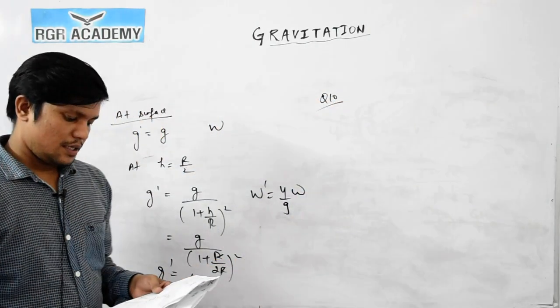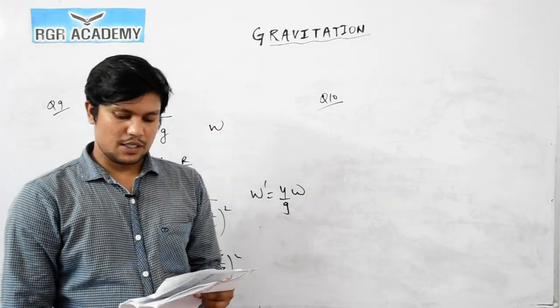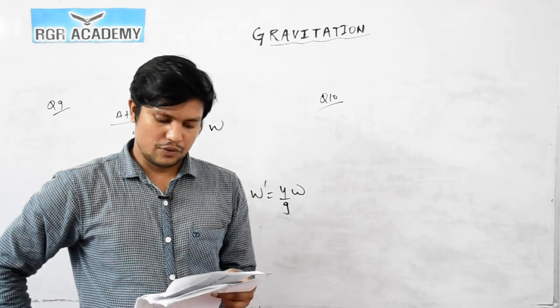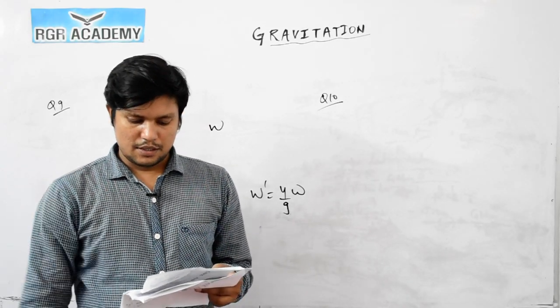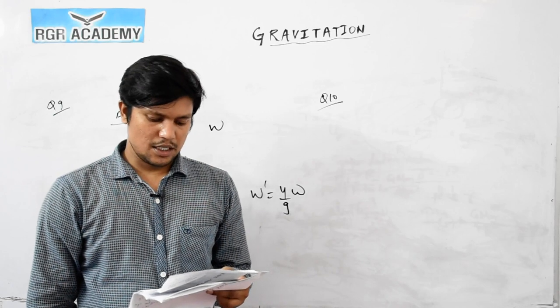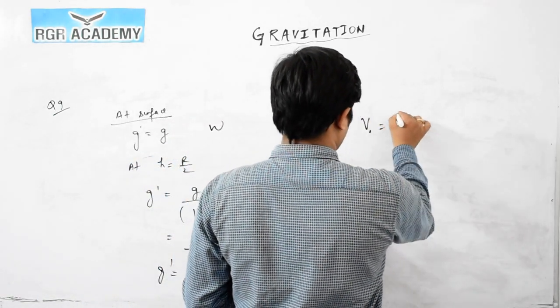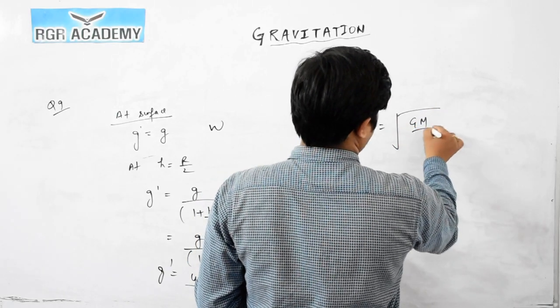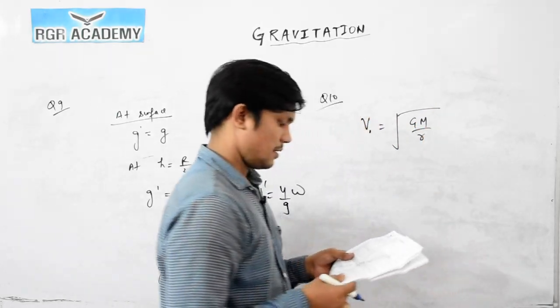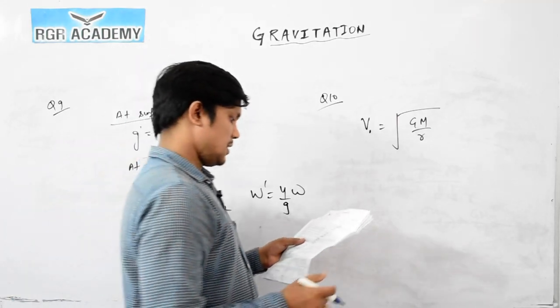In question number 10, the distance between the center of Earth and Moon is 384,000 kilometer. If the mass of Earth is this, find the speed of the Moon. We know that orbital speed is given by root of GM by R. So distance is given already.